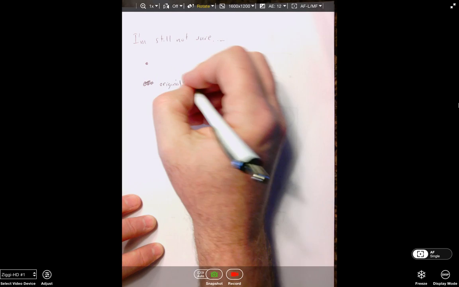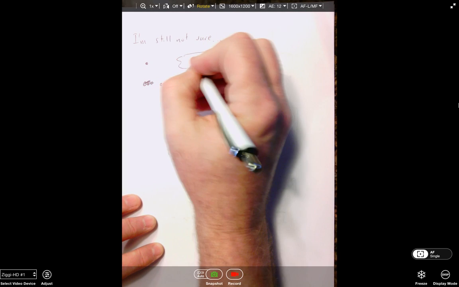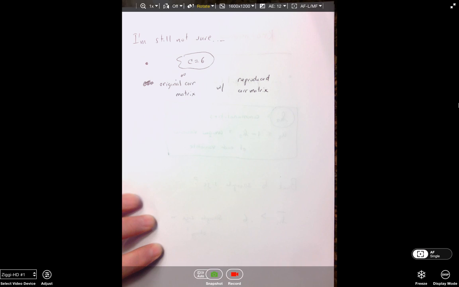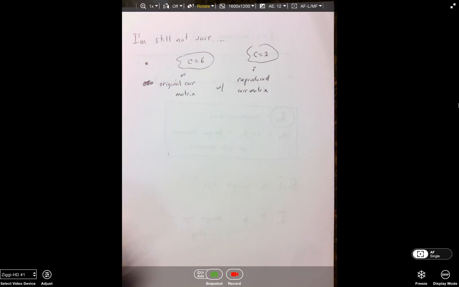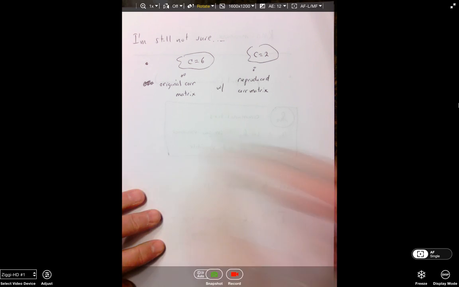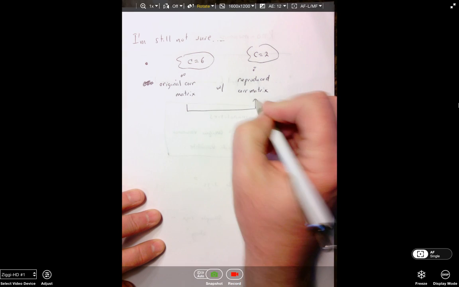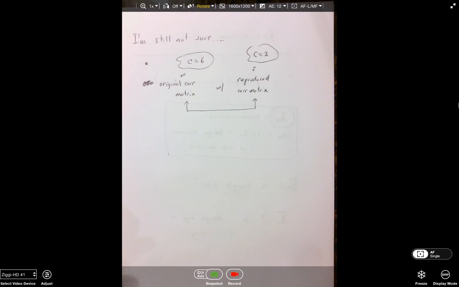Now you can think of this as our components equal to 6. You can think of this as our components equal to 2. So are these things comparable?